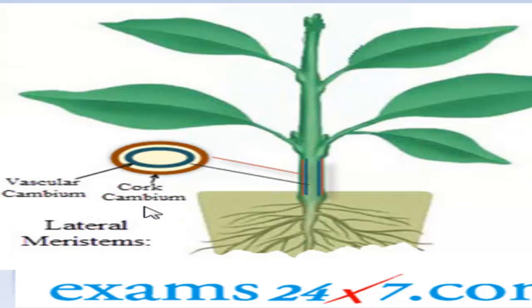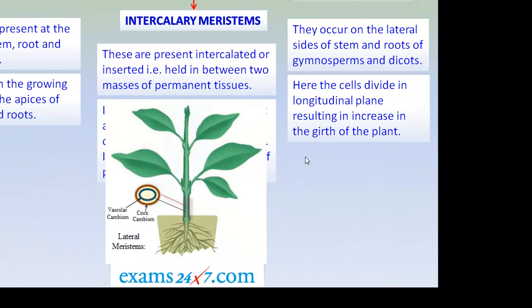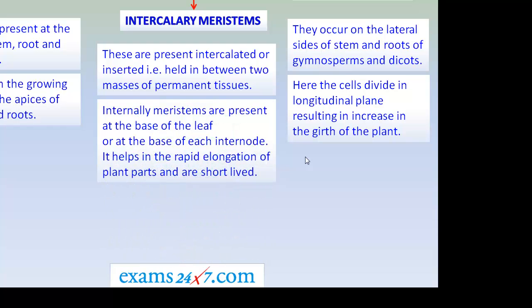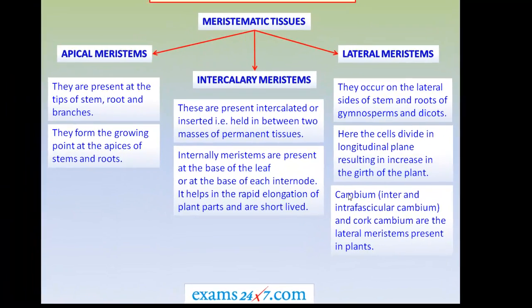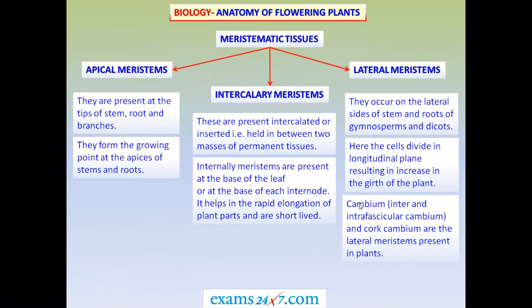The cambium present between the xylem and phloem, called intrafascicular cambium, as well as the cambium that develops between the vascular bundles, called interfascicular cambium, and also the cork cambium that develops in old dicot stems, are the examples for lateral meristems present in plants.